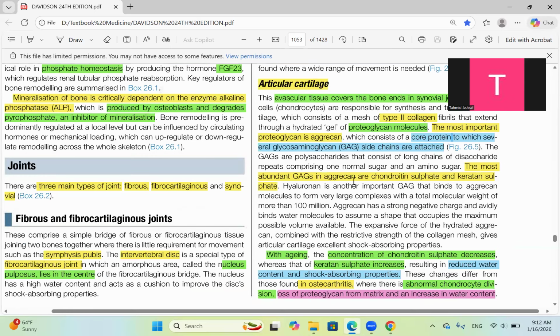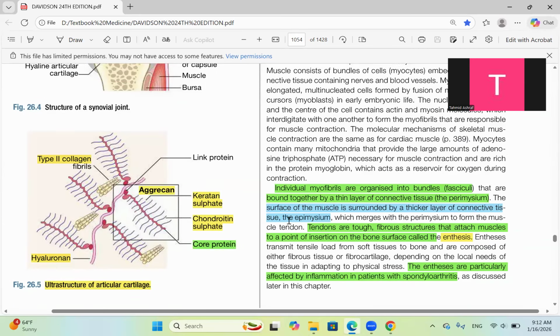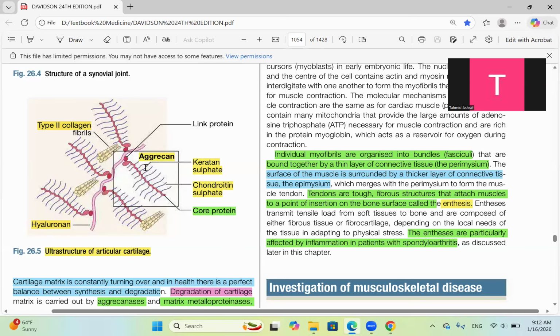So again, the most abundant glycosaminoglycans, GAG, in aggrecan are chondroitin sulfate and keratan sulfate. We'll go to the picture again. The shorter ones are keratan sulfate. The comparatively longer ones are chondroitin sulfate. These are the glycosaminoglycans.